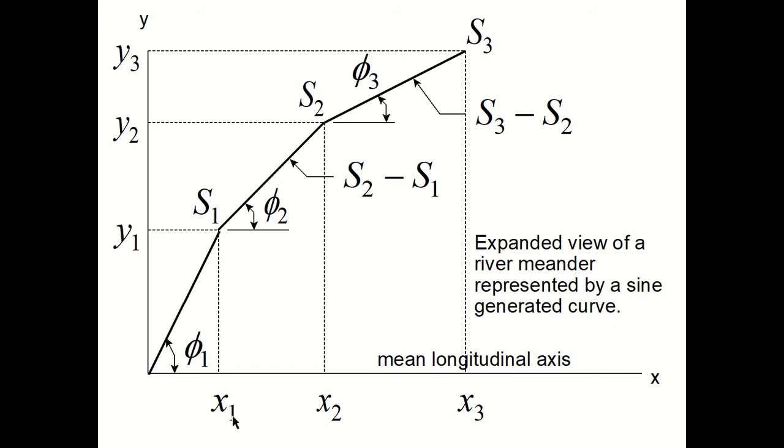If you know S1 and you're looking for x1 and y1, it's a simple trigonometric relationship: x1 is equal to S1 times the cosine of phi1, and y1 is equal to S1 times the sine of phi1. So let's take a look at these equations.